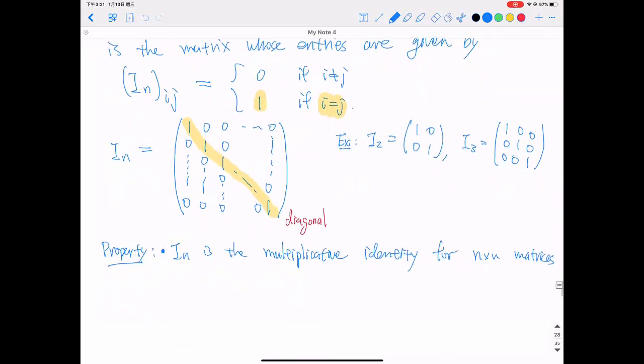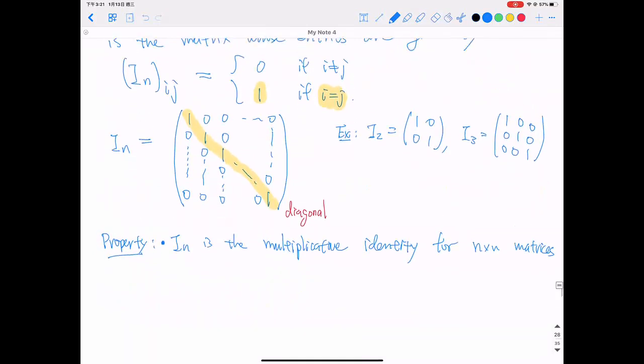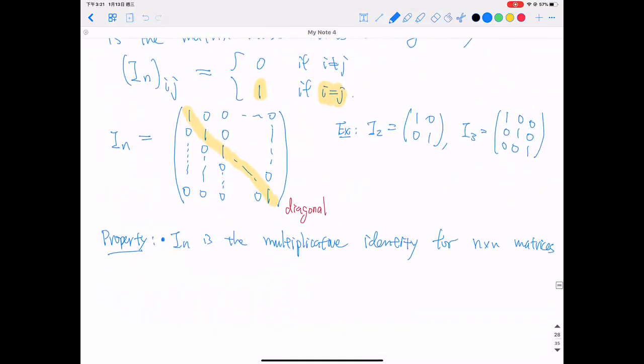That's essentially the reason for considering the identity matrix. And what this means, being multiplicative identity, is that for any A, an n by n matrix, we have A times I_n equals A, and I_n times A equals A. Okay.